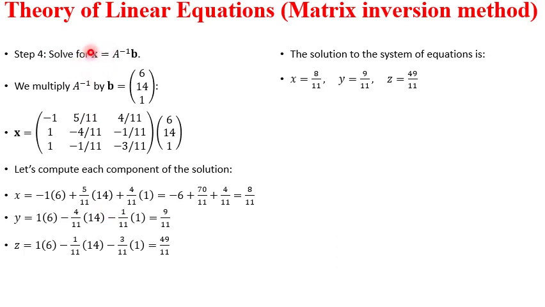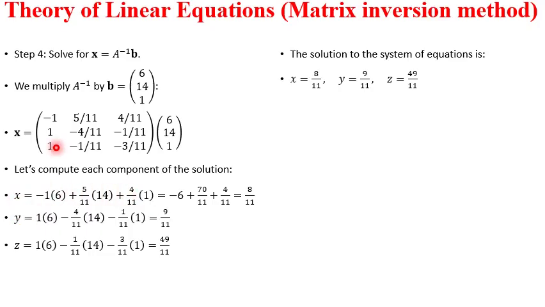So the solution of the variables is determined by multiplying the inverse of the matrix by the constant variables in this form. Therefore, to compute each component of the variable, x will be this element multiplied by this element multiplied by this multiplied by this, and the summation of that gives us x.